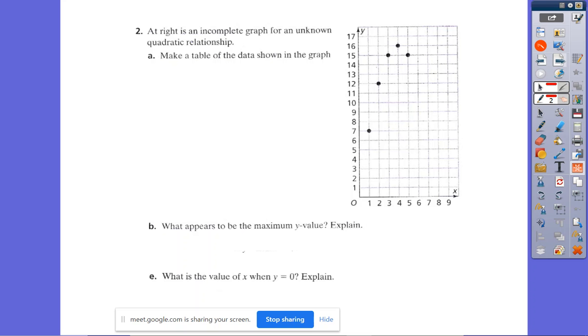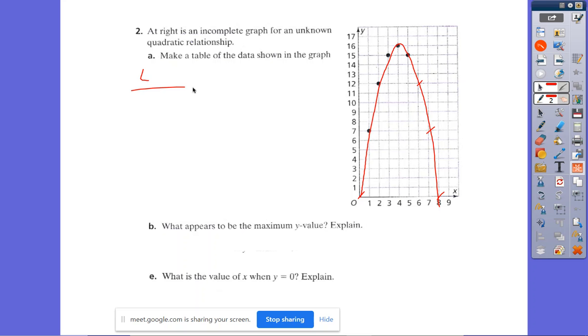All right. Question 2. Looking at a graph of a parabola, this graph leaves me a little bit unsatisfied because clearly I know parabolas are symmetrical, so I'm going to go ahead and make it symmetrical. Oh, I have to make a table. Okay, let's make a table.